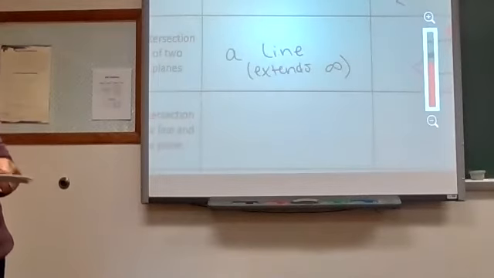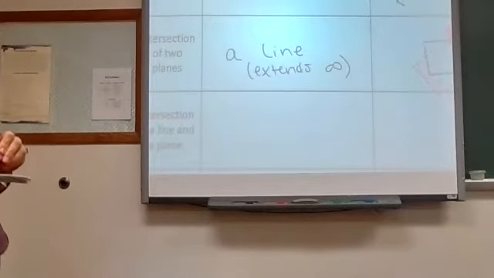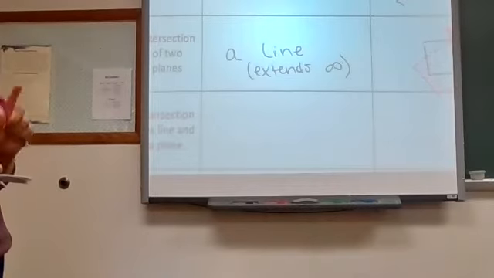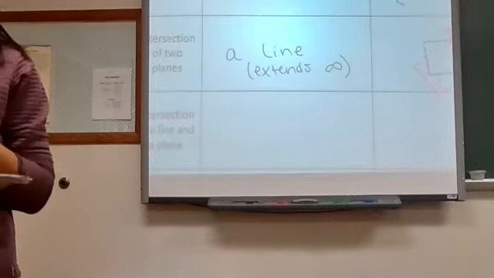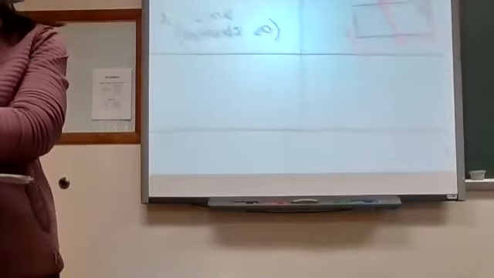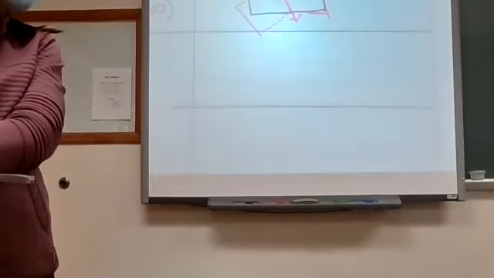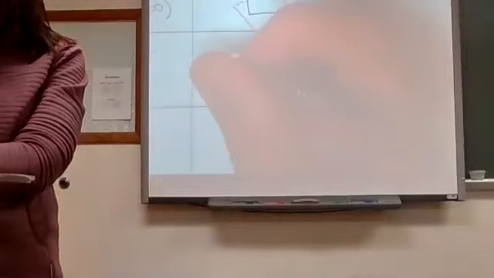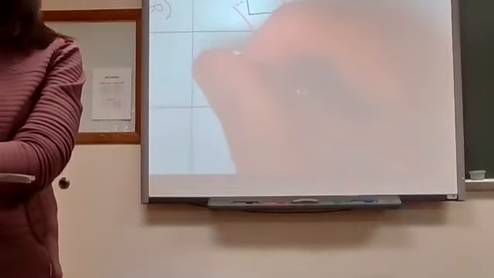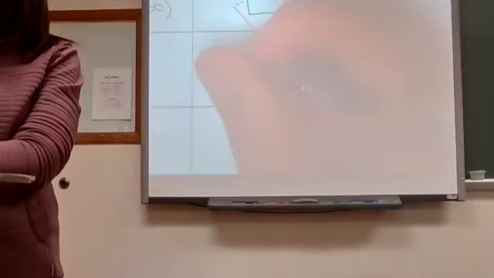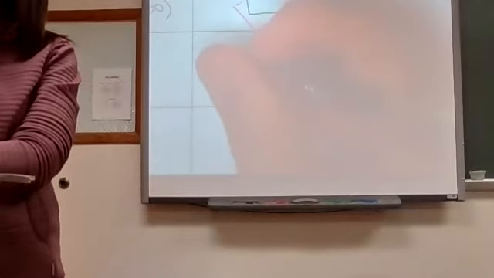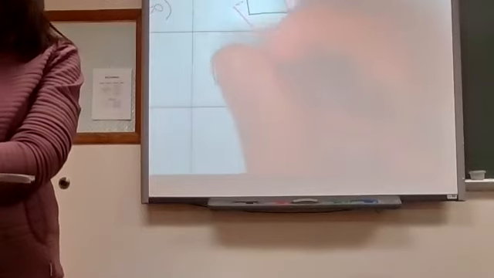This one I can do better. An intersection of a line and a plane. There's actually two cases here. First scenario. What if somebody just fell through the ceiling, right?